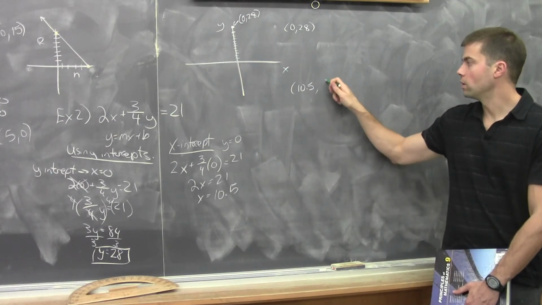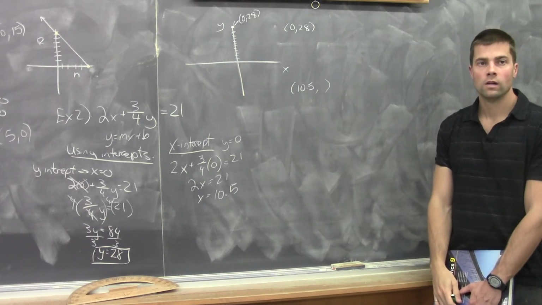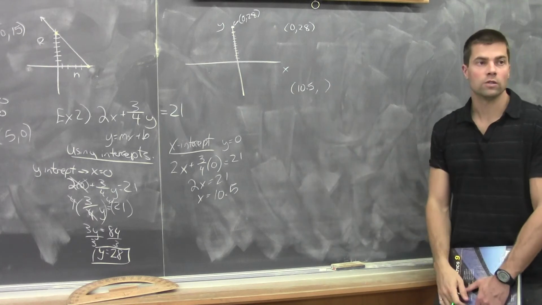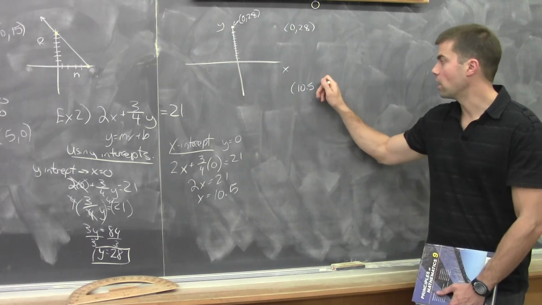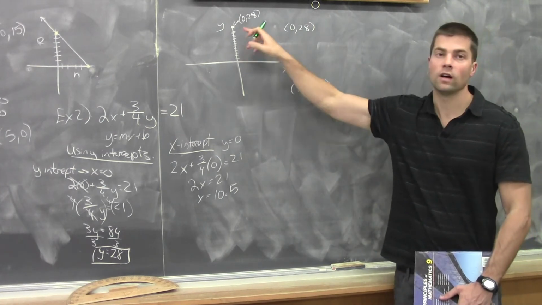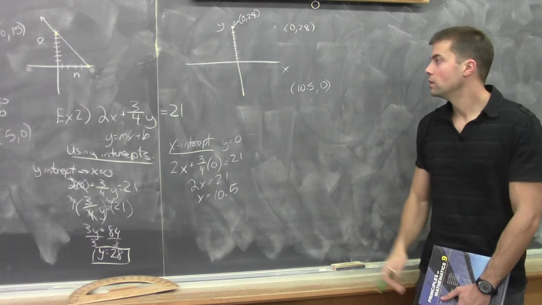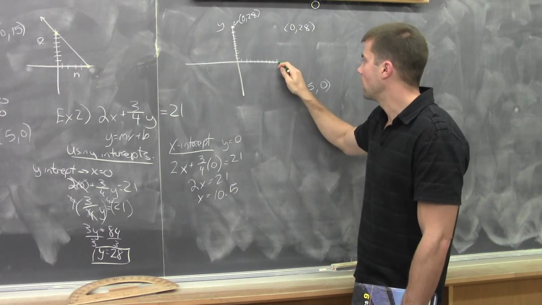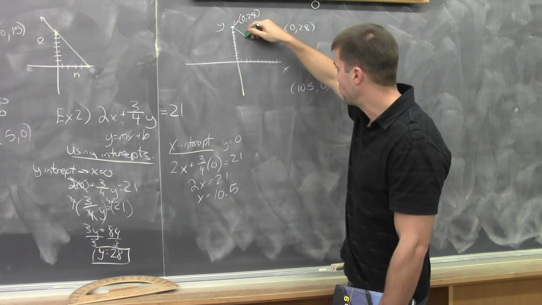What's the other coordinate, Michael? Try and stay with us, okay? It's not hard. 0. Yeah, it's 0. It's on the x-axis, so the y is not nothing. So you're going to go 1, 2, 3, 4, 5, 6, 7, 8, 9, 10 and a half, and draw your line.